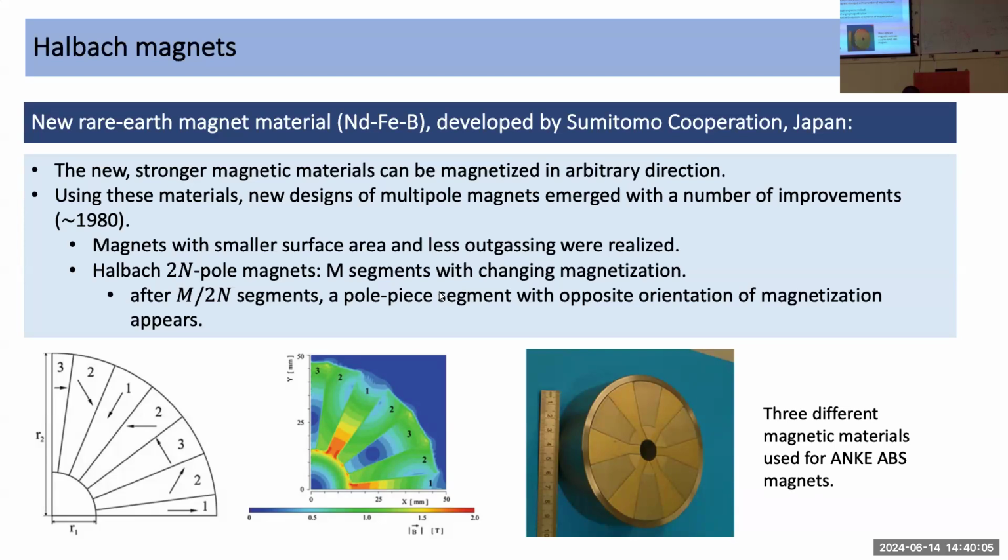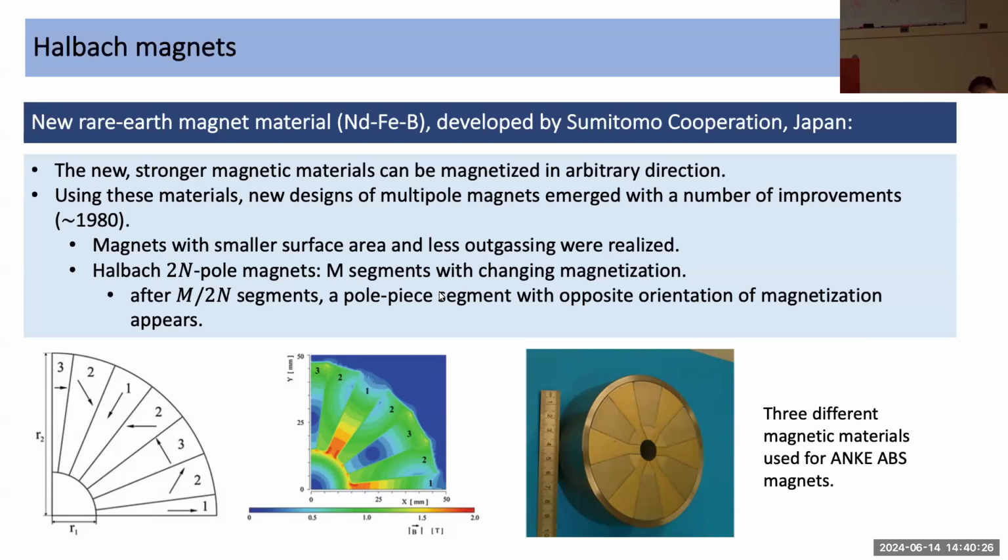The reason that we did this was that you would really want to get the most field on the pole tip here. You see this nice radially symmetric 6-pole structure in the center. Therefore, we were using 3 different magnetized materials to make sure that they don't demagnetize in the presence of their own field.